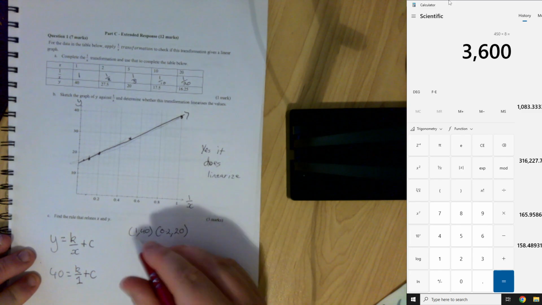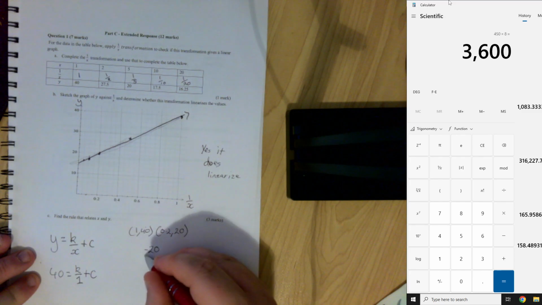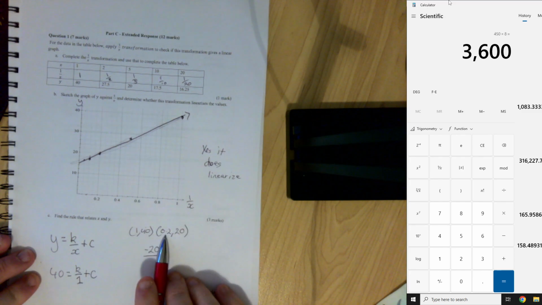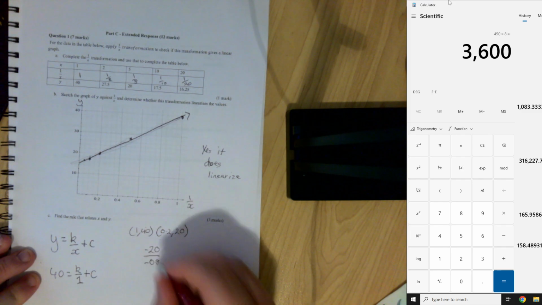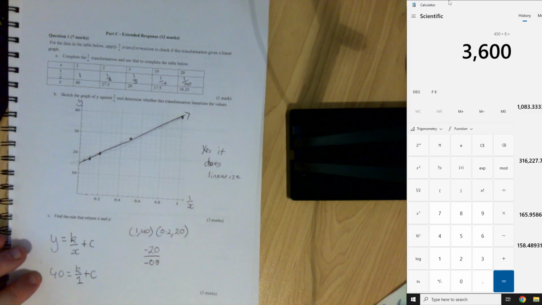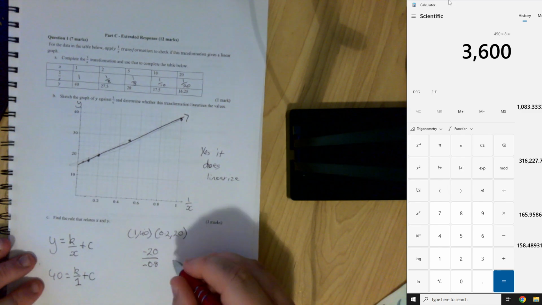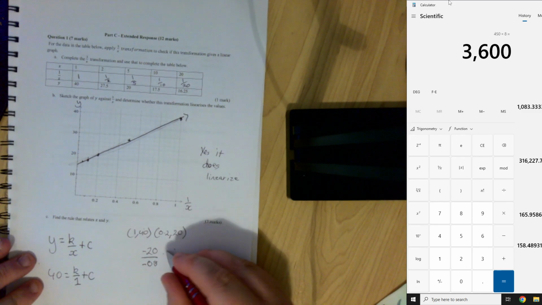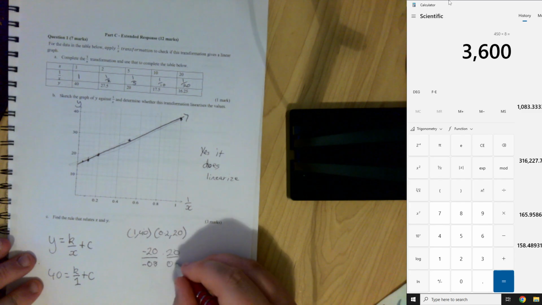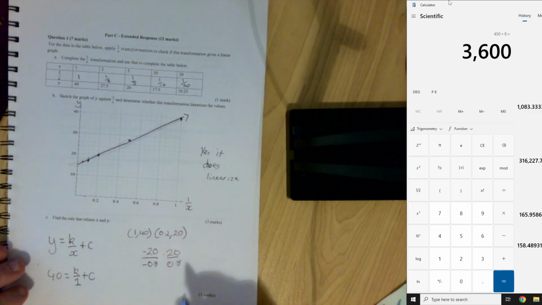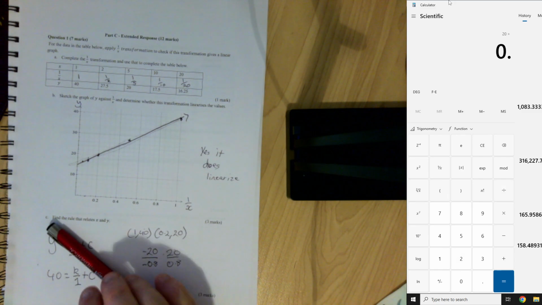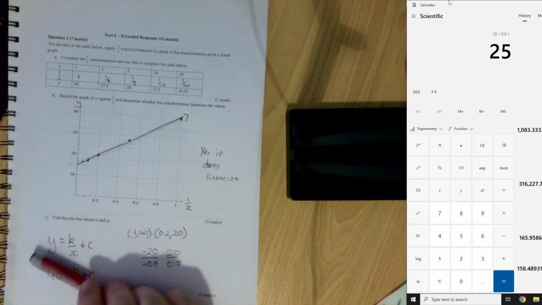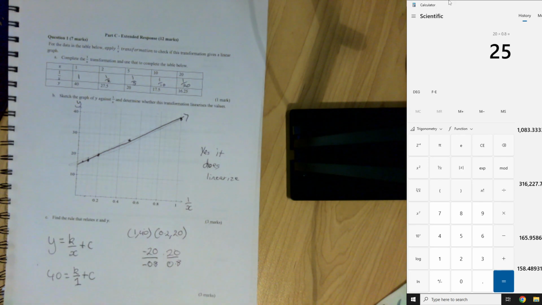So y2 take y1 gives me negative 20, divided by x2 take away x1, which gives me negative 0.8. If I make that positive, 20 divided by 0.8 is 25.